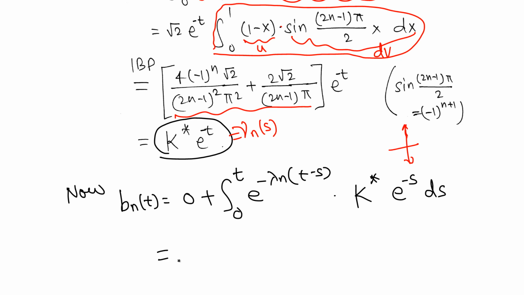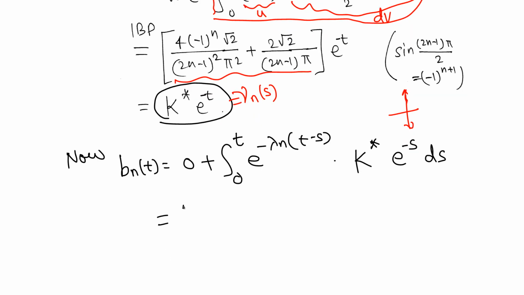We can pull k star outside and we can separate into two. This is e raised to negative lambda_n t, and since this integral is with respect to s, we can pull this out as well. That leaves the integral from 0 to t of e raised to lambda_n s times e to the negative s.